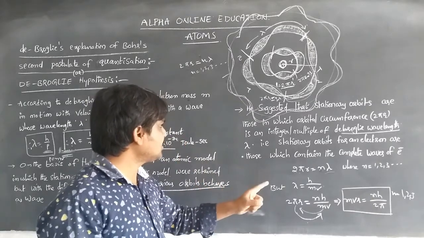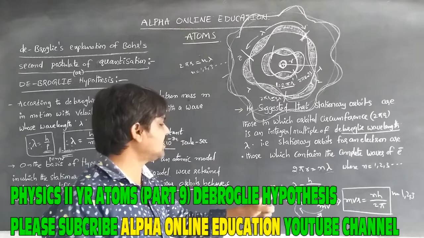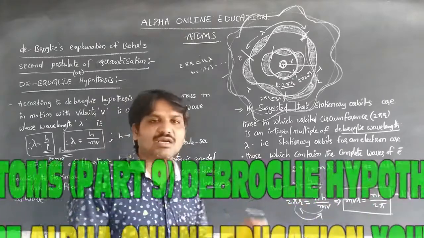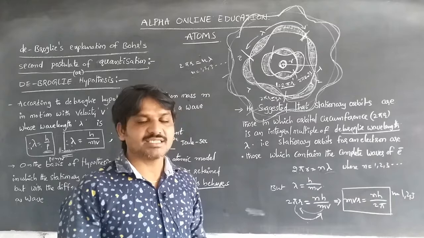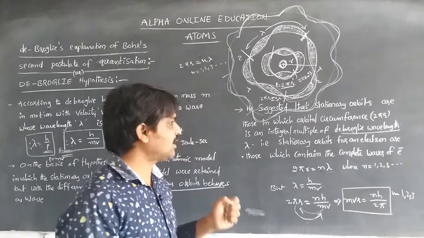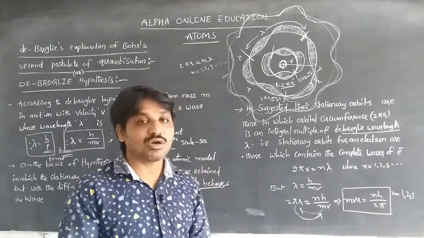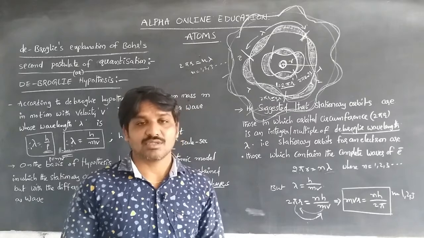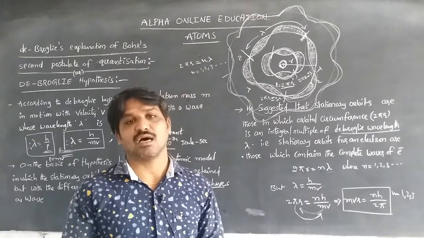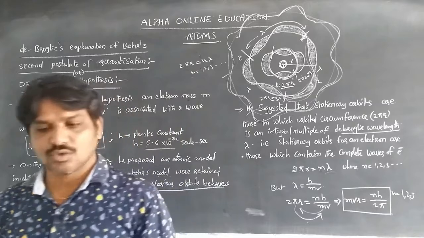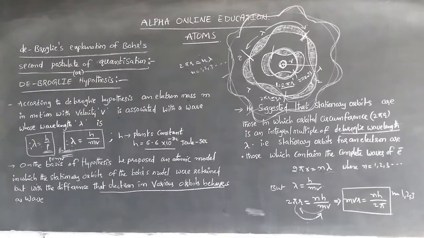So that equation gives that the total angular momentum of the moving electron is an integral multiple of h by 2 pi. This new concept of the de Broglie hypothesis confirms Bohr's postulate. So this is the de Broglie hypothesis.